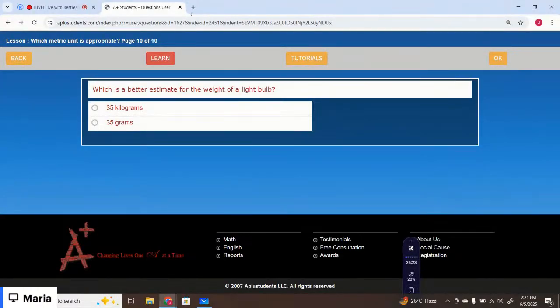The weight of the light bulb would be 35 grams. Okay, we are done with the lesson. Let's move into the next lesson.